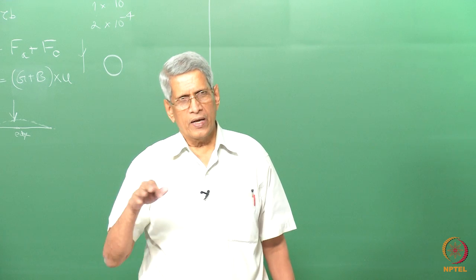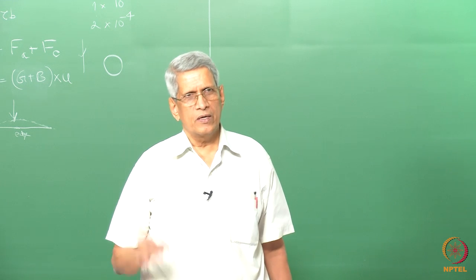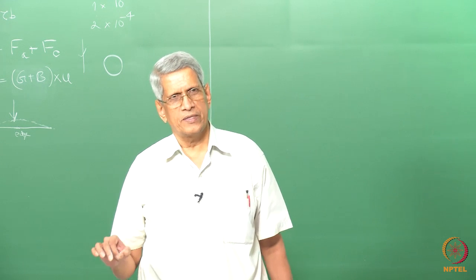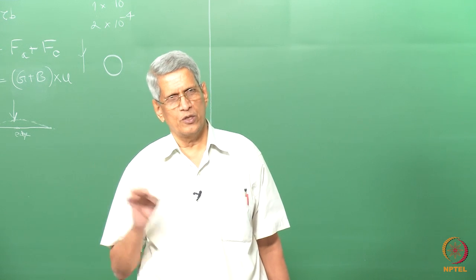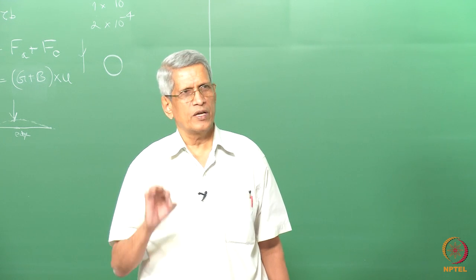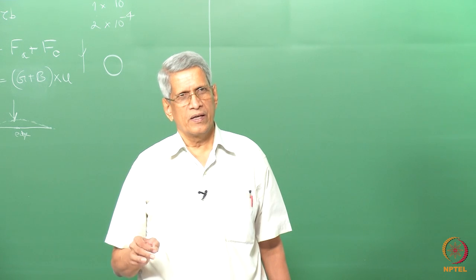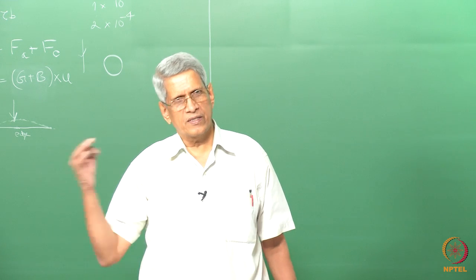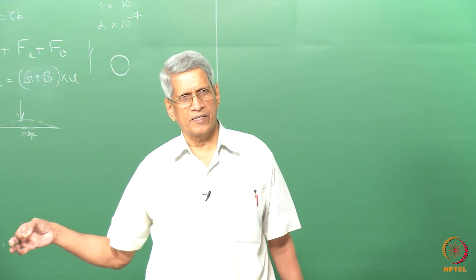Then take another sample which is quenched very fast. If you observe these two samples and find the dislocation density in these two cases, the one which has been quenched will have a very large dislocation density. Okay.